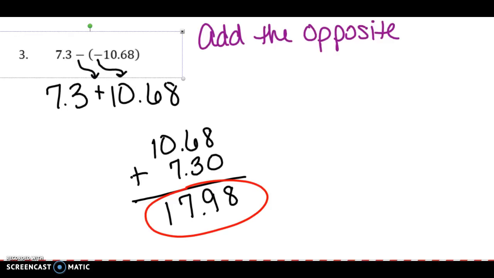Okay, last one. So when I look at this one, I see just a good old subtraction problem, but I notice that the first number is smaller than the second number. Right away that tells me I'm going to get a negative answer.